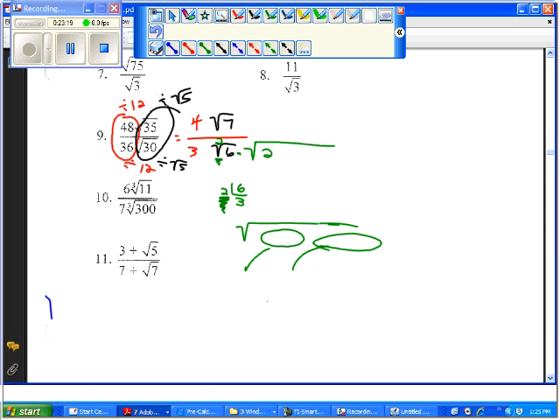Well, I've already got 1 right here, so I need 1 more, which would really create a pair of 2's, so a 2 could pop out. And I've only got 1 3, so I'm going to multiply by another 3, which would really create a pair of 3's, and a 3 would pop out. Okay?